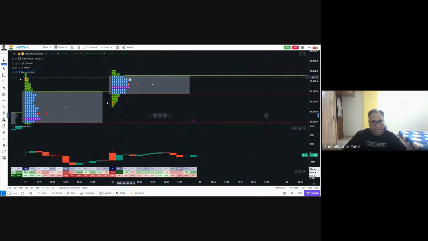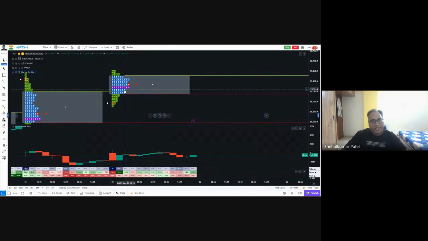And there are areas where there is limited activity outside the point of control. Those become the value area high and value area low. So this is called a value area. When we say value area, this is a term you must have come across many times.